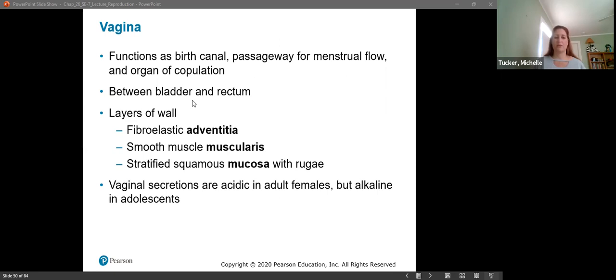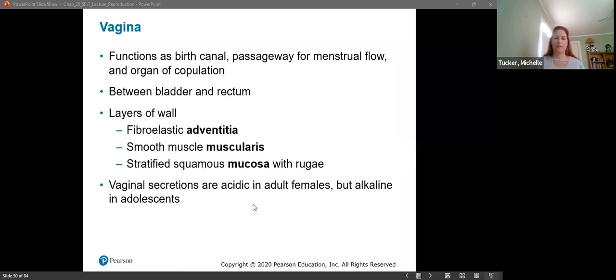It has 3 layers, just like the uterus did. It has a fibroelastic adventitia, a smooth muscle muscularis, and then a mucosa. And in the vagina, the mucosa is stratified squamous.